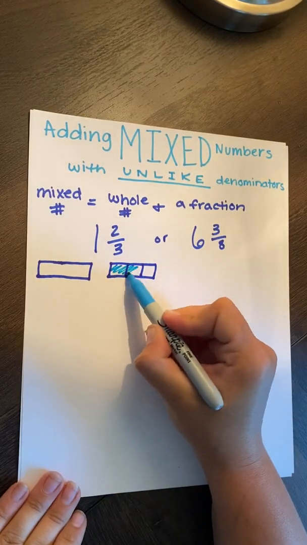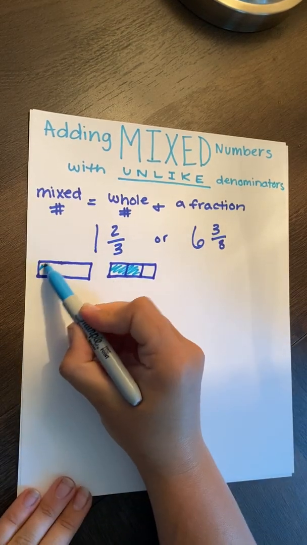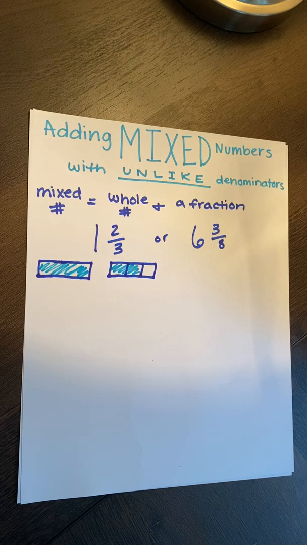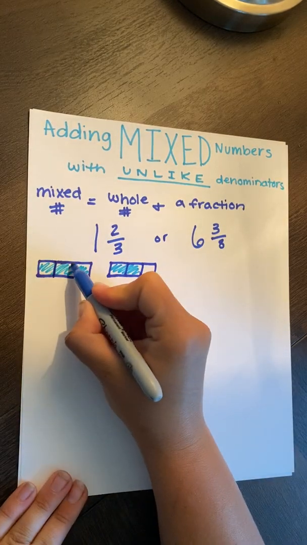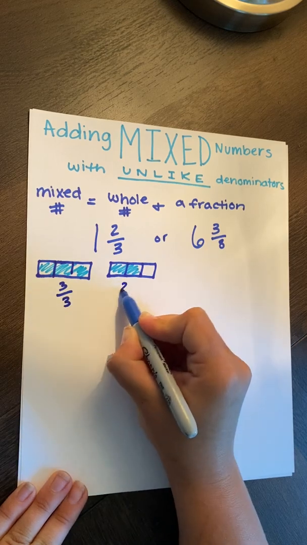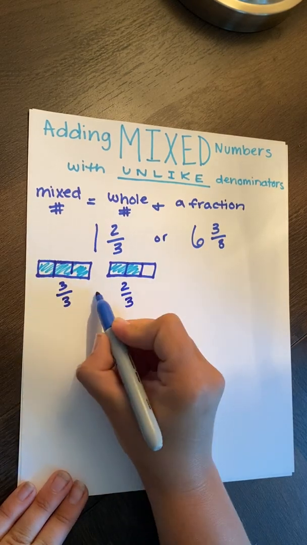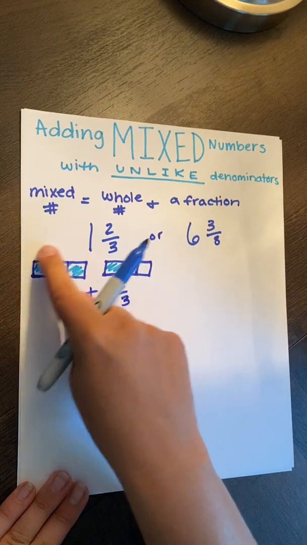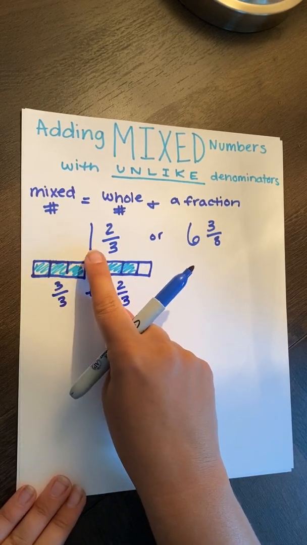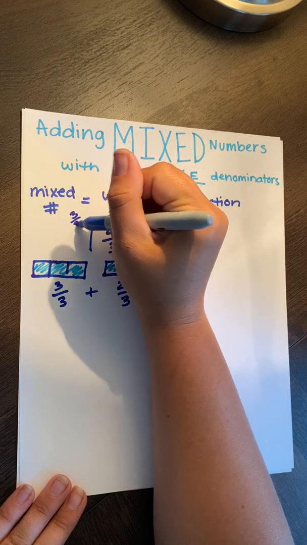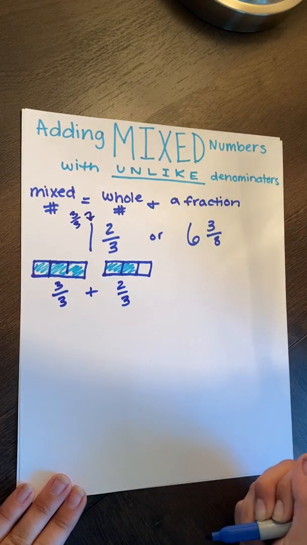Here's our 2/3. This one whole is really 3/3. That's where this comes from, and this is important to remember. That one is really a 3/3.